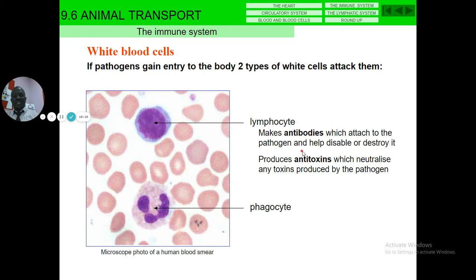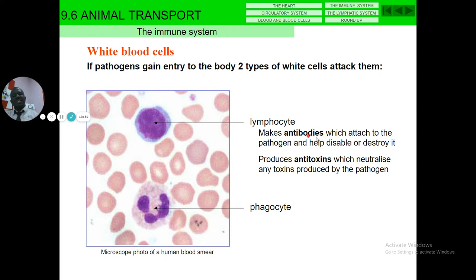So the B lymphocytes are the ones which grow in the bone marrow. The other part which grows from the thymus gland, because thymus is T, are called T lymphocytes. T lymphocytes are responsible for producing the CD4 cells, which are responsible for capturing and presenting pathogens for phagocytes to feed on. So this is how amazing our body system is.